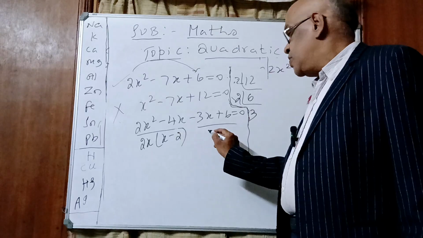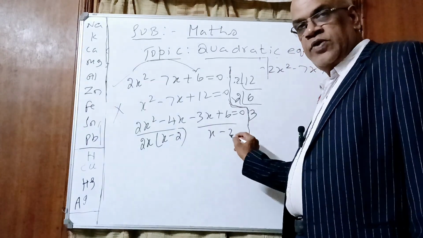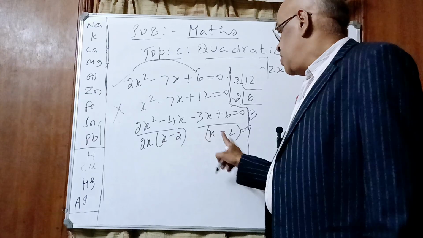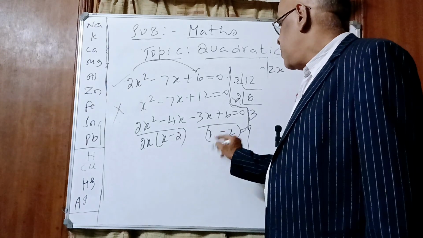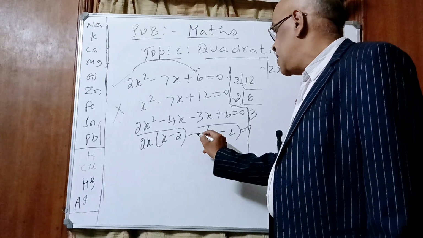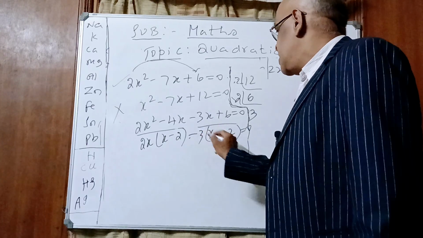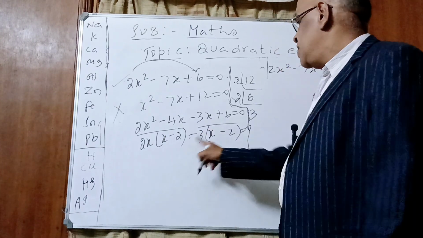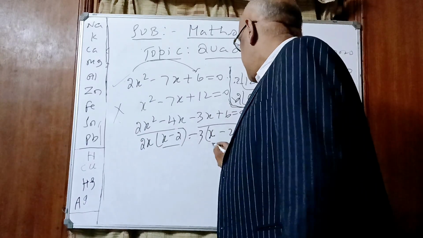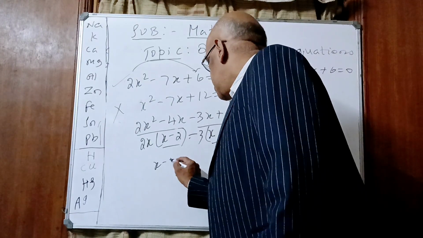Again, what's the story? I'll write it here. Whatever you get here in the bracket, you should get the same thing. What happens here, children? The sign changes. Outside minus 3. Minus 3 into x, minus 3x, minus into minus plus, 3 2s are 6. Which is the one common factor? x minus 2.